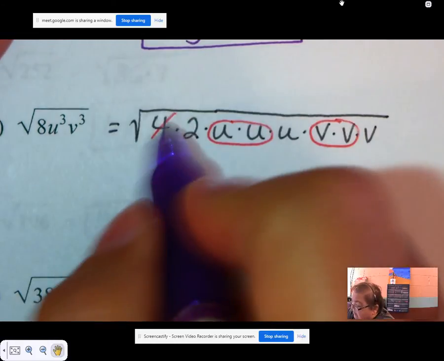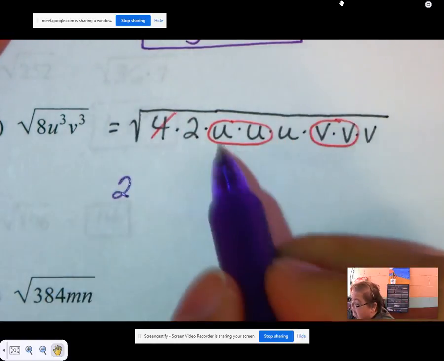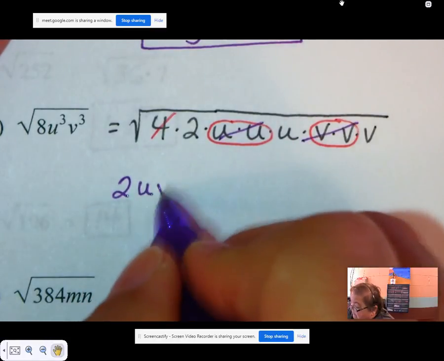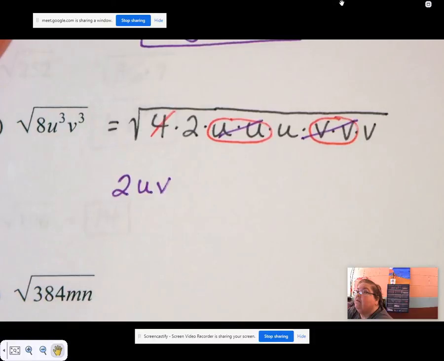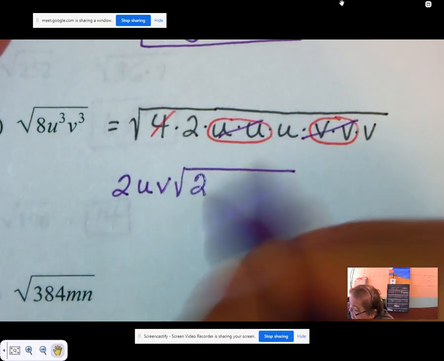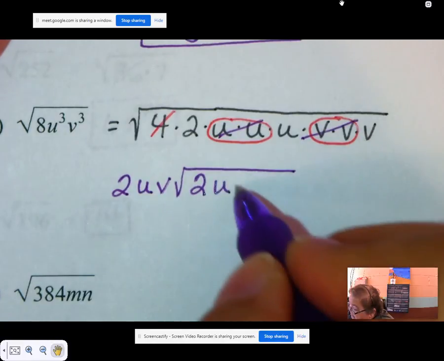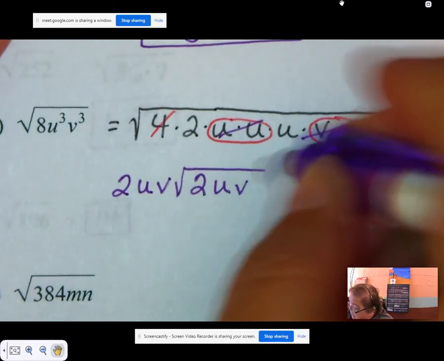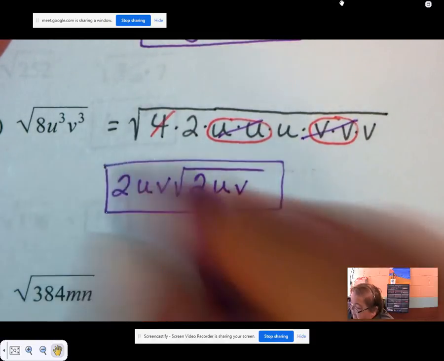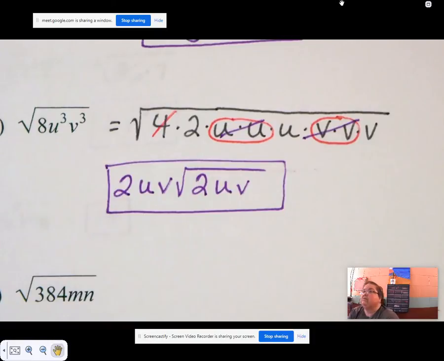So here's what I've got. The root of 4 is 2. I've got one group of u's, one group of v's. What's left inside is the 2, a u, and a v. Questions? Okay.